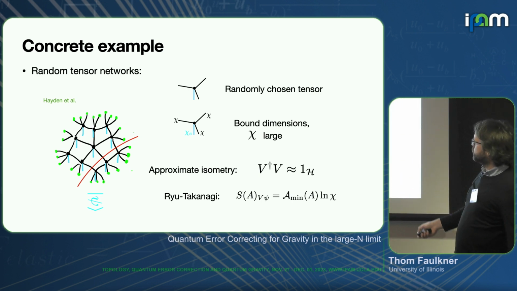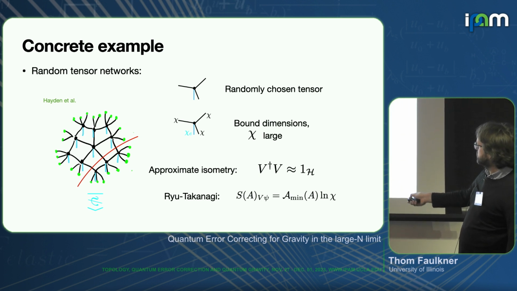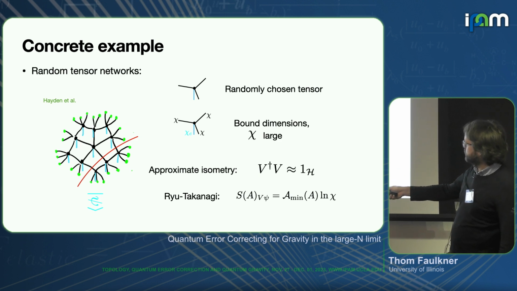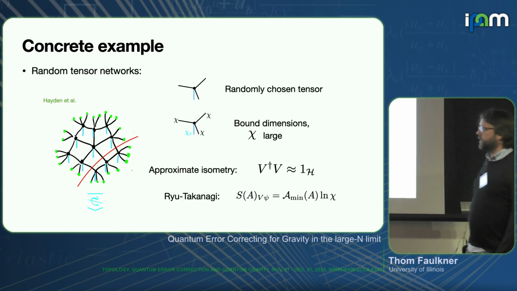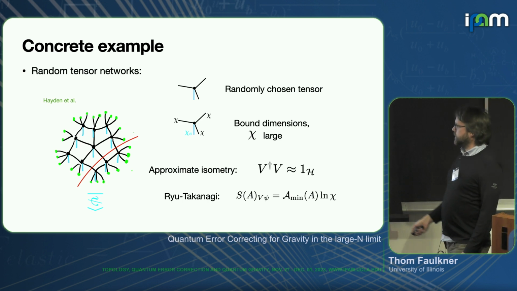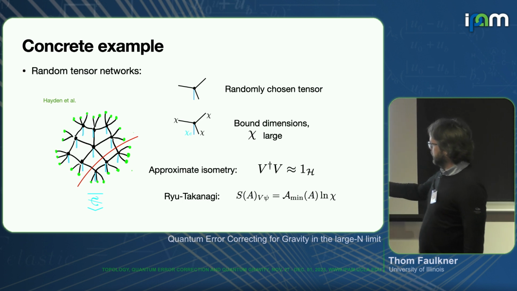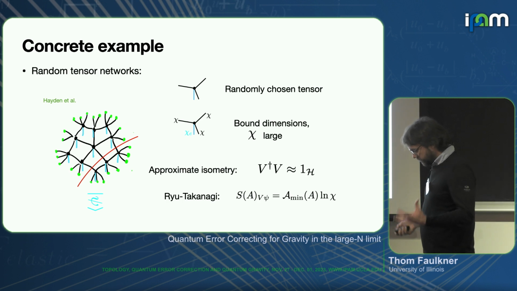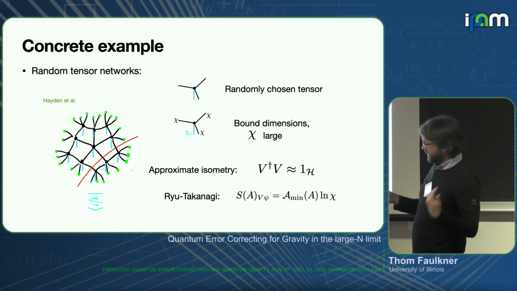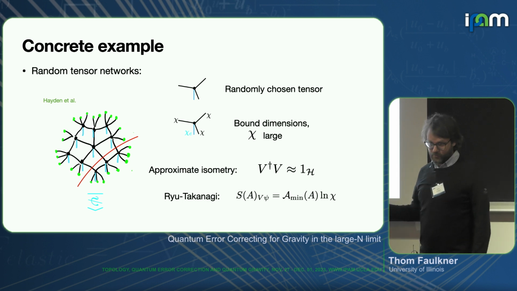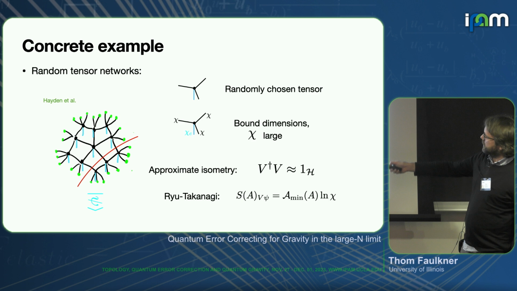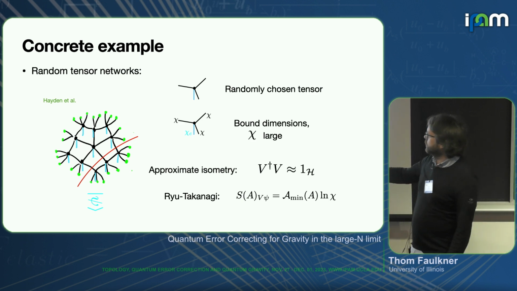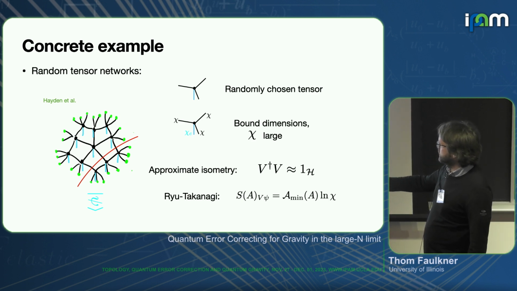And not only that, you can compute entropies of boundary regions. So if I pick a boundary region to be A, which is not drawn here, but A is this region here, I can try to compute its entropy. And typically, you get a formula which looks like the formula that you compute entropy with in AdS/CFT, called the Ryu-Takayanagi formula, where you just minimize over the cut through this network, where you're partitioning the boundary vertices for A and A complement.